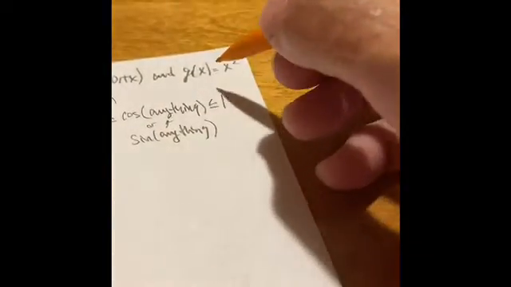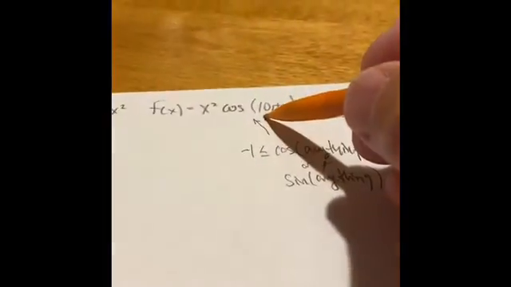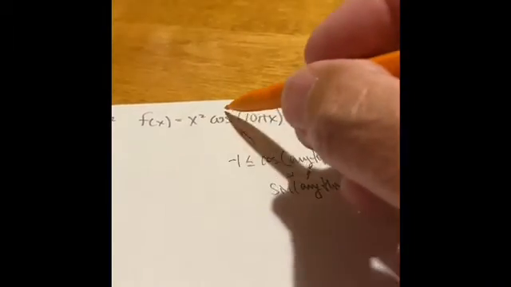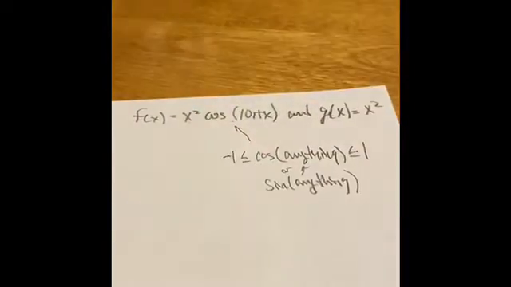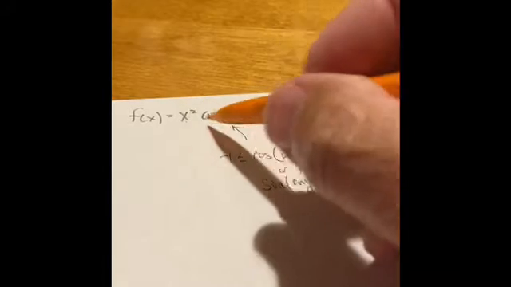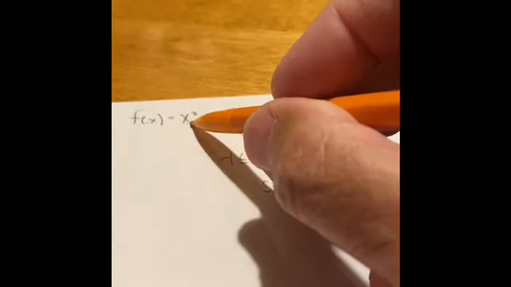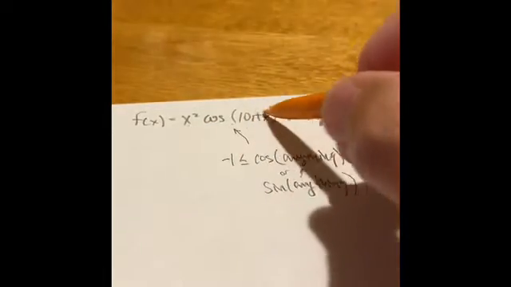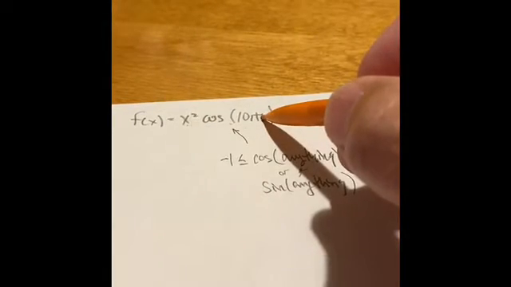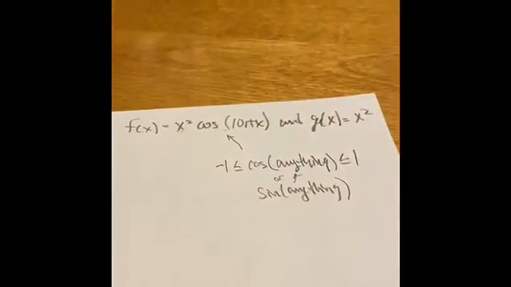That means that this whole function is at its smallest when this is -1 and we have -x squared, and this whole function is at its biggest when this thing is +1 and then it's +1 times x squared, okay?